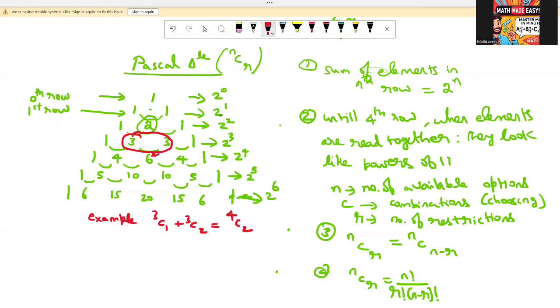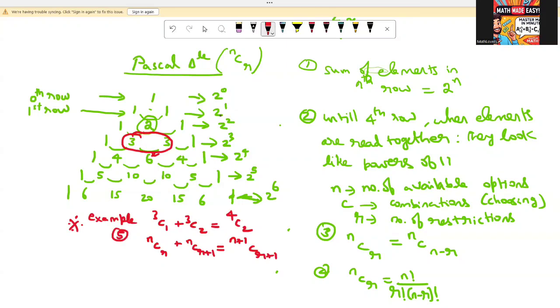We can generalize this as a property. If you take NCR plus NCR plus 1, that is adding two consecutive elements of a row, you get the element of the next row, the n plus 1th row, at the same position: n plus 1 C R plus 1. It's a very important property, and it will be used most in progression and series questions created through binomial coefficients also. You have to remember that.